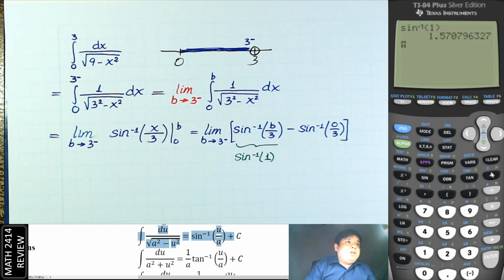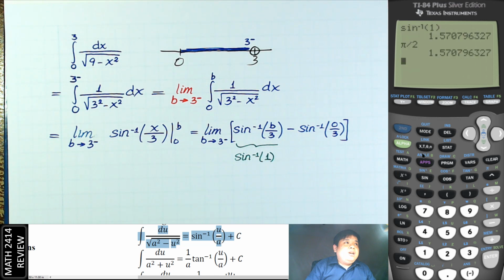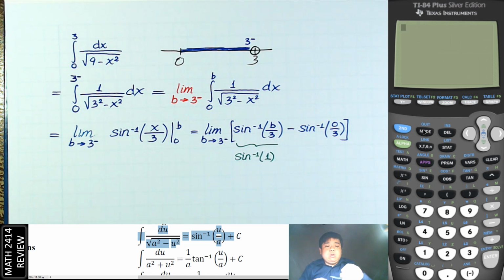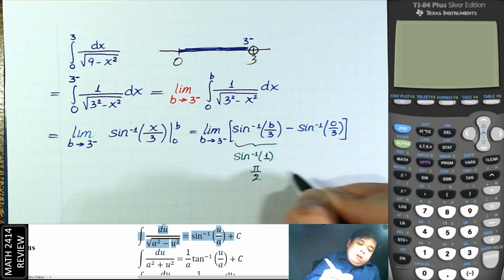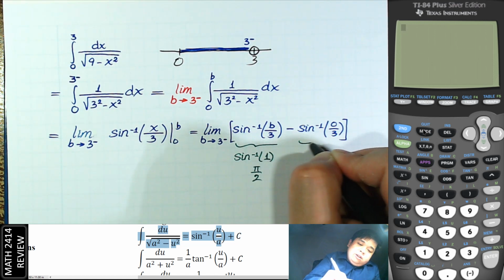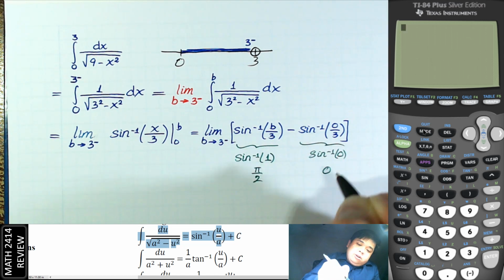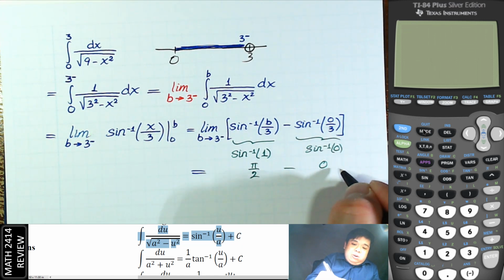Right, actually that is pi over 2. If we want to make sure to go to degrees when we do the inverse, that will be 90 degrees. We show it is pi over 2. Right. But for most other cases, we keep the calculator in the radian mode. So sine inverse of 1 is pi over 2, and sine inverse of 0 is 0. So this is pi over 2 minus 0, which is pi over 2.